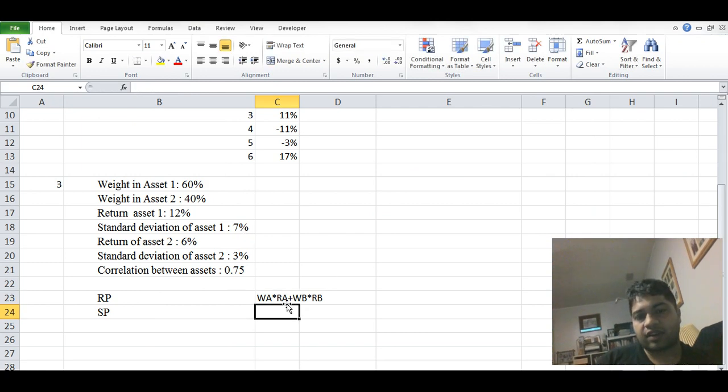Please note, in the return formula we are not using standard deviation or correlations anywhere. So it is simply the weighted average return.